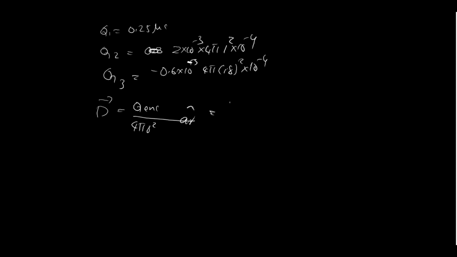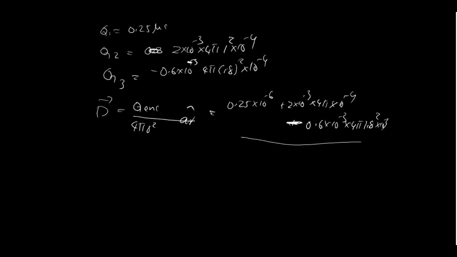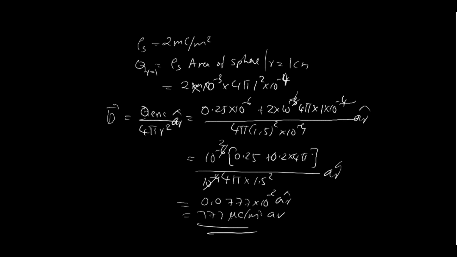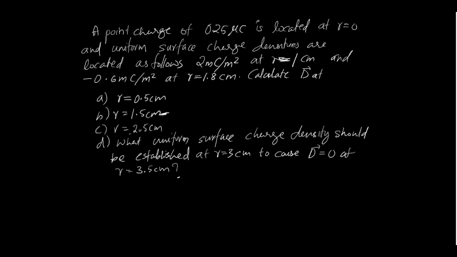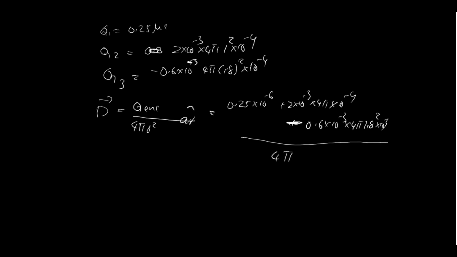So Q enclosed will be 0.25 into 10 raised to minus 6 plus 2 into 10 raised to minus 3 into 4 pi into 10 raised to minus 4 plus minus 0.6 into 10 raised to minus 3 into 4 pi into 1.8 square into 10 raised to minus 4 divided by 4 pi. So the r which we have to consider is at which point? 2.5 centimeters. So that will be by 2.5 square into 10 raised to minus 4.